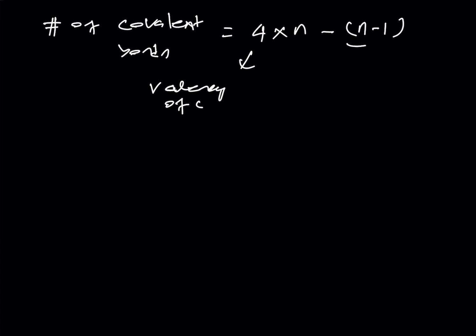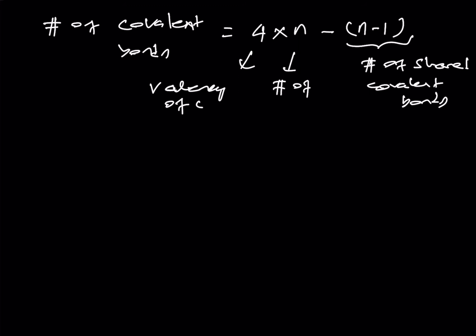This n minus 1 will give us the number of shared covalent bonds, where n is an integer. Usually it will be equal to the number of carbon atoms. So you can directly write it as number of carbon atoms.